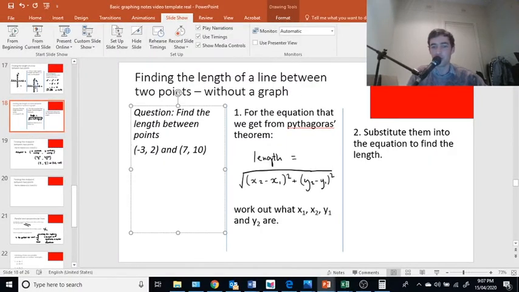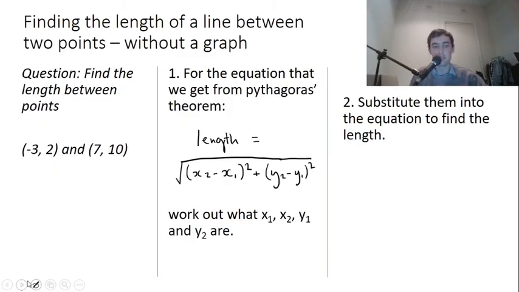So I'm gonna, see, now we've got some space. We'll call this point 1 and we'll call this point 2.